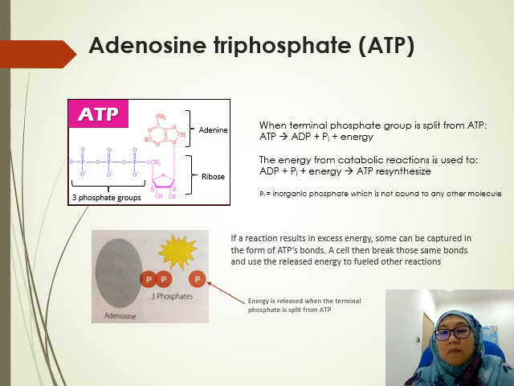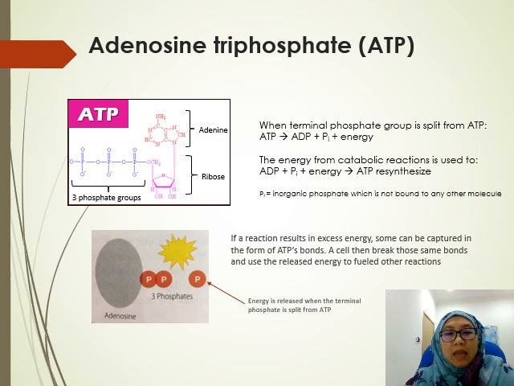Remember that anabolic reactions are coupled with ATP breakdown, whereas catabolic reactions are coupled with ATP synthesis. ATP breakdown means use of energy, and ATP synthesis means you produce energy. And this concept of coupled reactions is very important.